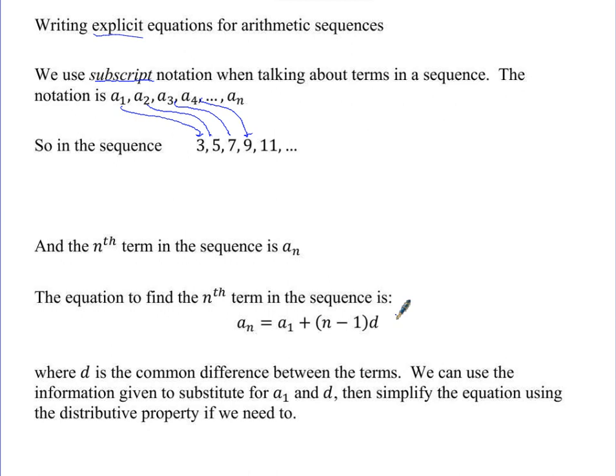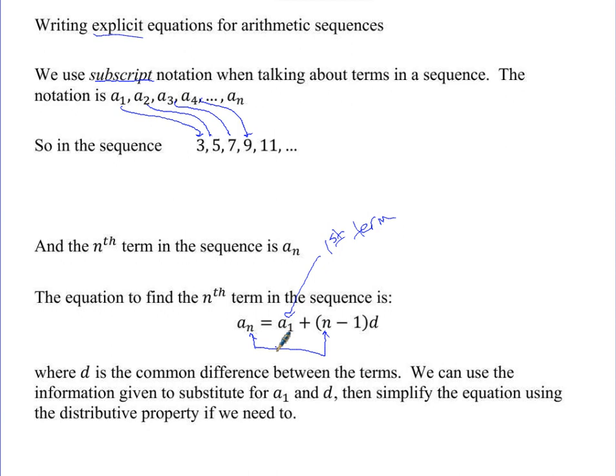So the equation to find the nth term, whatever that term number is that you want, if I want the 142nd term, the equation to find that would be A sub n equals A1. What's A1? In this sequence, sure, it's 3, but what is A1? It's the first term. So I'm going to write first term. This n right here is the same as that n right there.